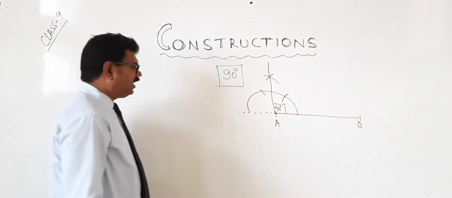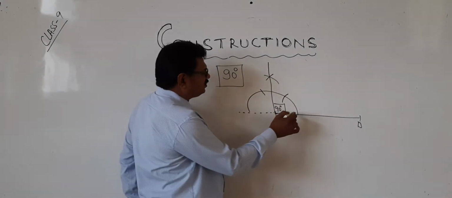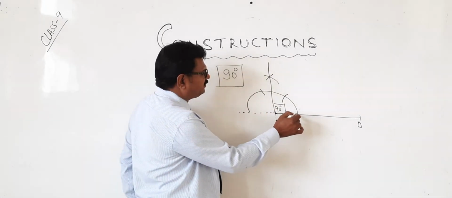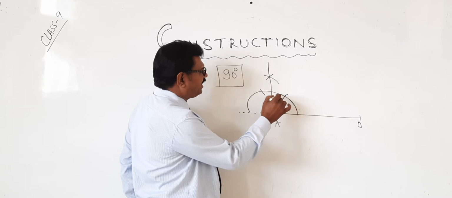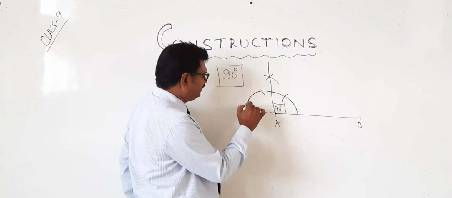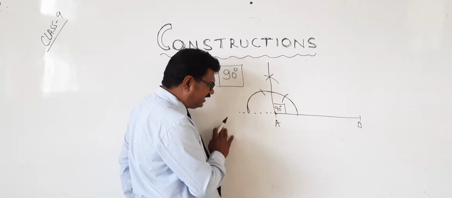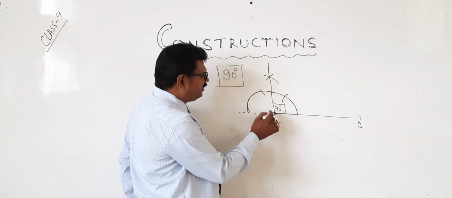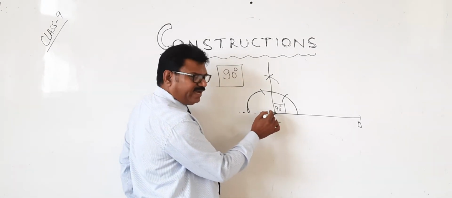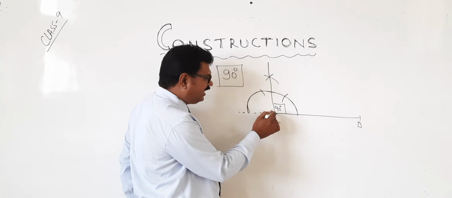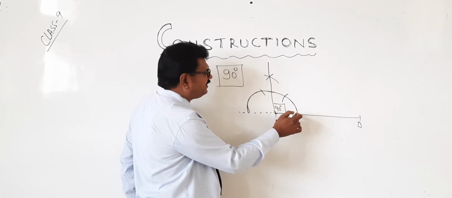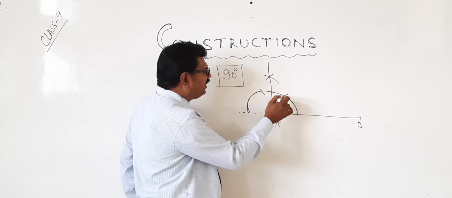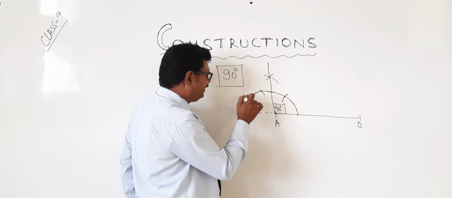Okay? What have we done? First, take one compass and draw any radius, anything as radius, draw a semicircle with A as center. Again repeat the same thing: from here to here cut, again here to here cut, and again here to here.